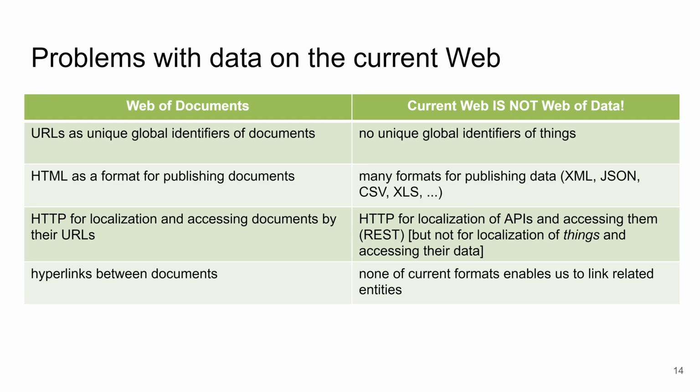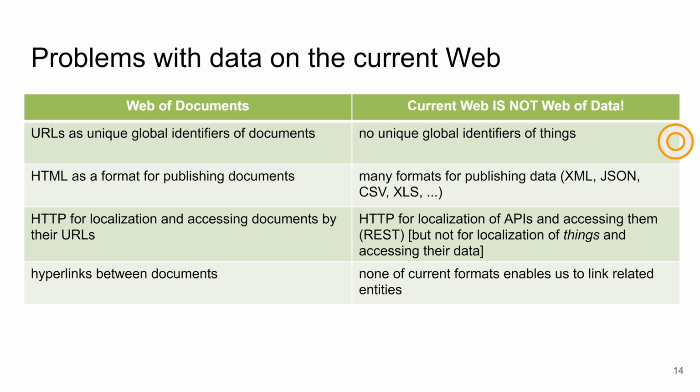However, in the data accessible on the web, there is no global identifier of things. There is a global identifier of API endpoints, that is true, and within that endpoint you have some identifiers, but they are not unique and global.